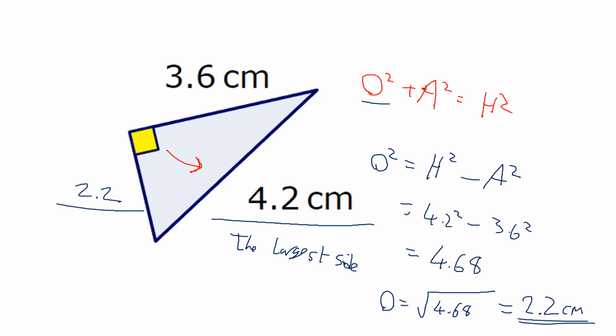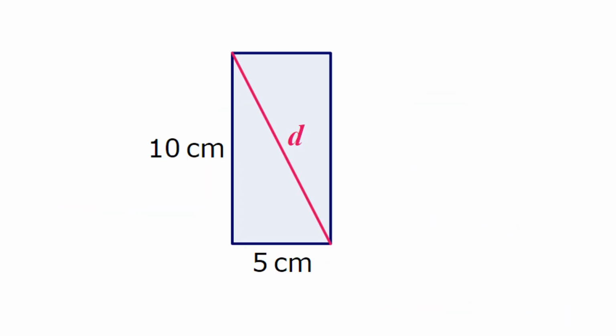We can even use Pythagoras' theorem for something like this, where we're trying to find the diagonal of a rectangle. We know that a rectangle has a right angle everywhere, right? But we know that D in this case is the hypotenuse because it's opposite the right angle. So we can say that h squared is equal to o squared plus a squared.